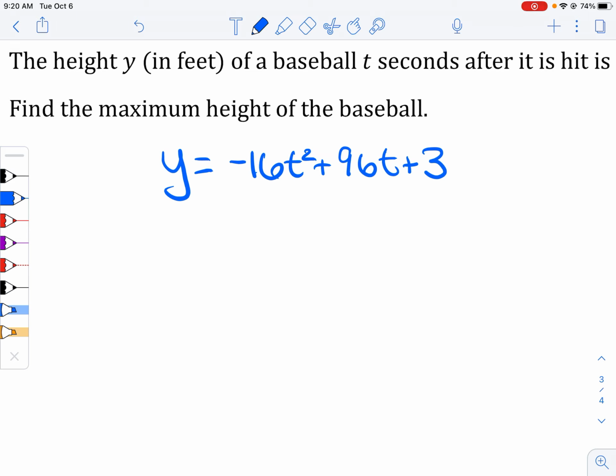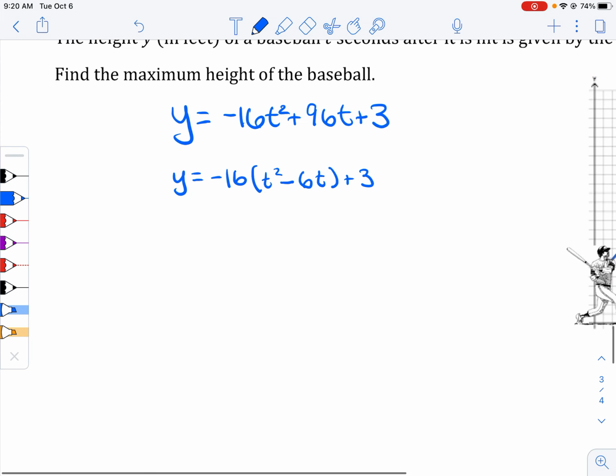So when you have to factor out a number and this is not divisible, especially when you're making it into vertex form, what you need to do is factor it from part of the problem. So you'll be left with a parenthesis here. This will become a minus 6t plus 3. And now here's the tricky part.